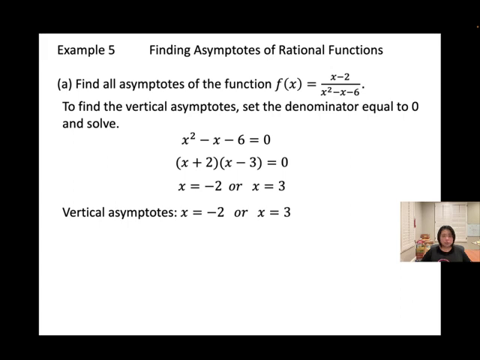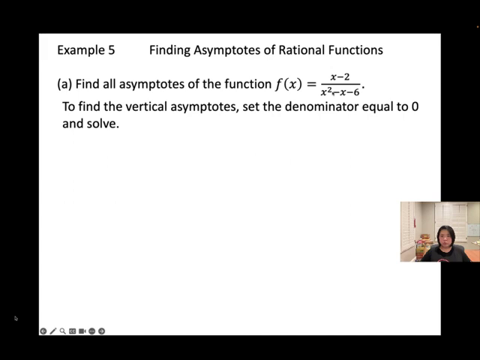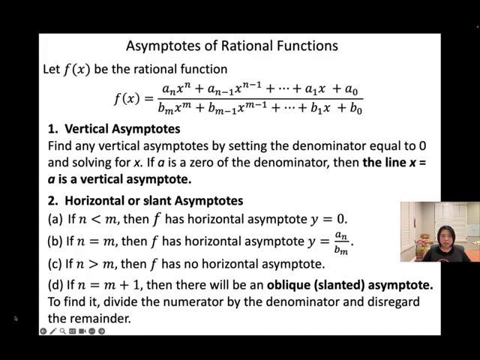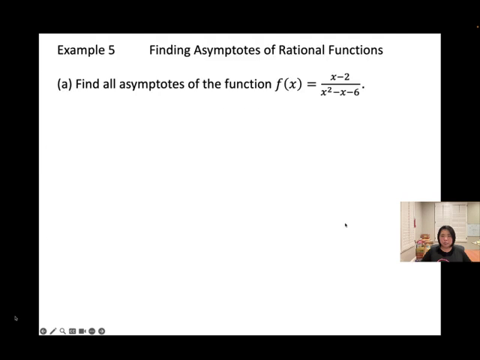And then we're going to look at the horizontal asymptote. The n is going to be equal to 1 here, right? The highest degree of p of x. n equal to 1, and then m equal to 2. Okay, so we're going to look at this table. n equal to 1 and m equal to 2, so that will be in case A here. f has a horizontal asymptote, y equal to 0.